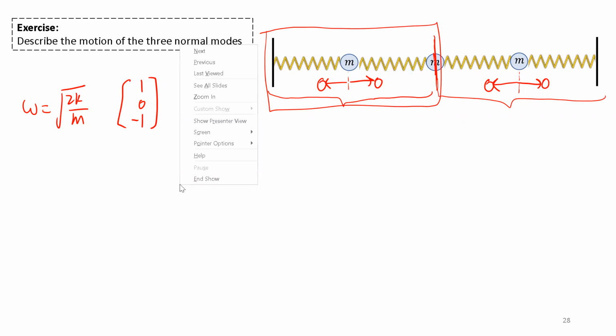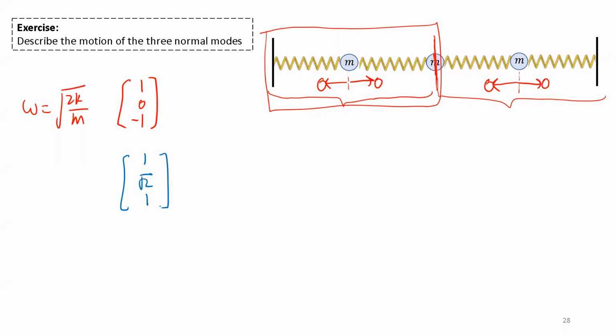So now for the other two modes, things will be a bit more complicated. But let's see. It's 1, square root of 2, and 1. So this time they are all oscillating in phase, but just with different amplitude.